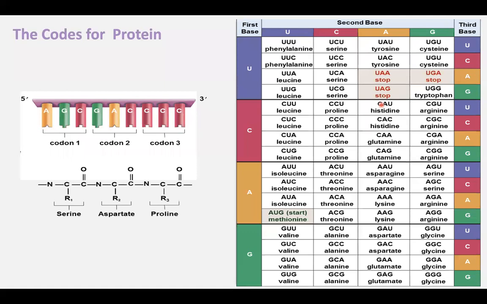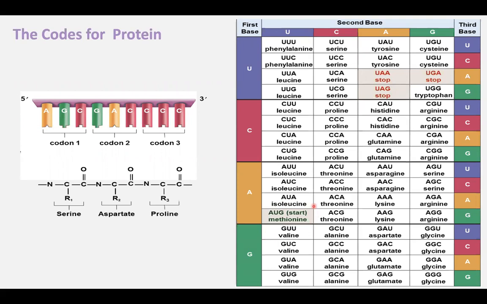If it sees any of these 3 codons, it will stop synthesizing. So UAA, UAG, and UGA for stop. For starting, it is AUG.